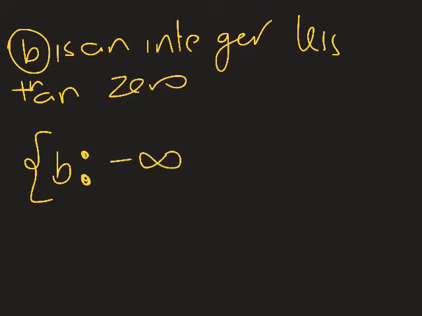So we're going to go to negative infinity, and we have b, and 0. Let's assume that it's inclusive, because it's not really clear, the numbers are less than 0. Now, what do we need to specify?